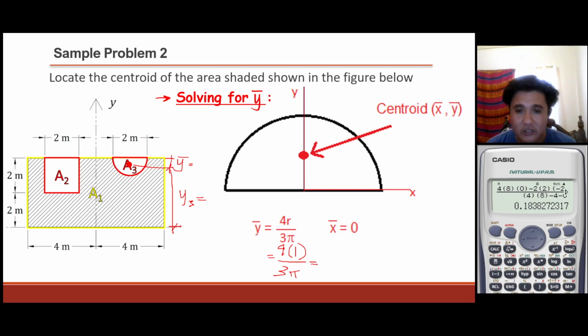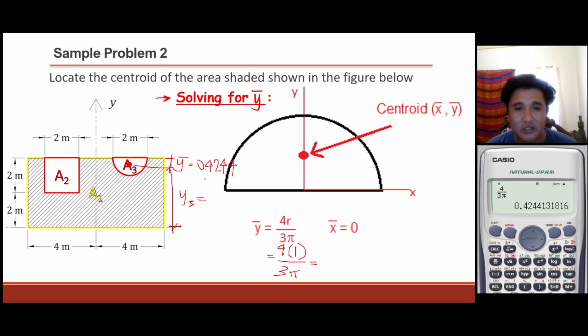Getting your calculators, the value of our y bar is 0.4244. Okay? So, that is our y bar. For our y3, we just subtract the y bar from 4 meters.